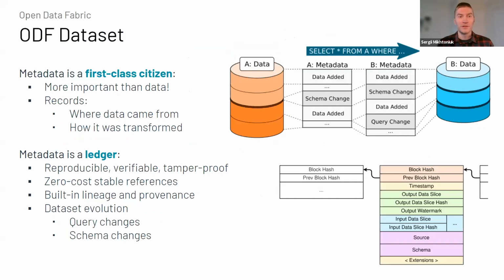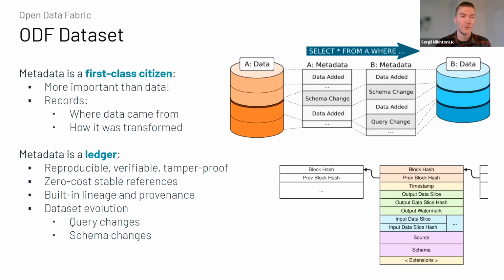In an ODF dataset, the metadata is a first-class citizen, and we believe that it's actually more important than the data itself, because metadata tells us where data came from and how it was transformed. If we don't know those things, we cannot trust the data, so data becomes useless. Metadata is also a ledger of events, so it contains events like data was added, or schema was changed, or some processing has happened, or a query was updated.